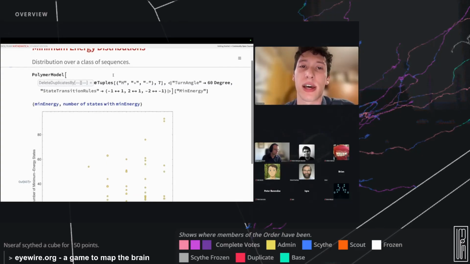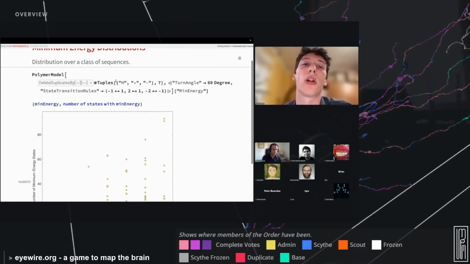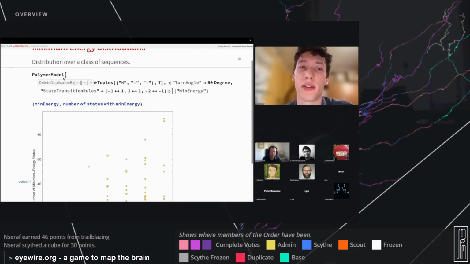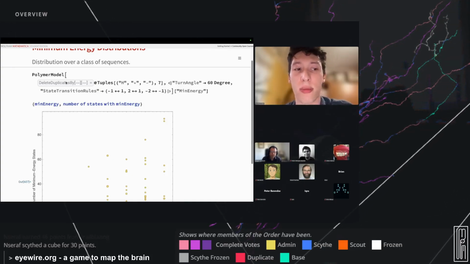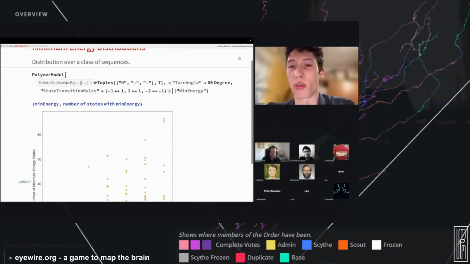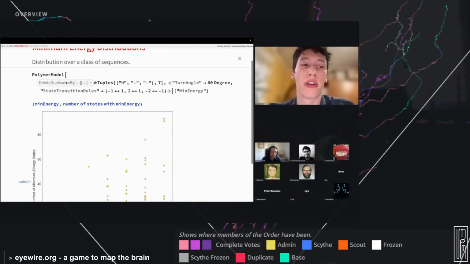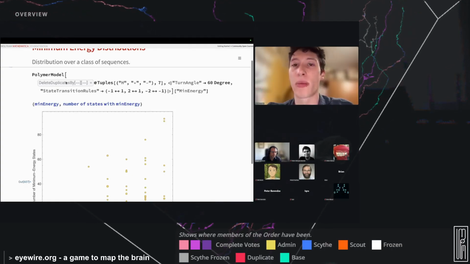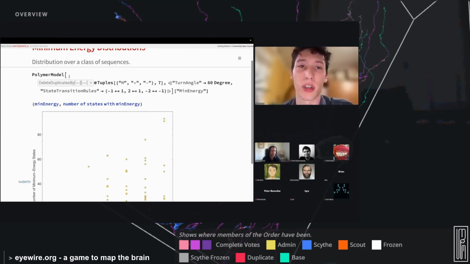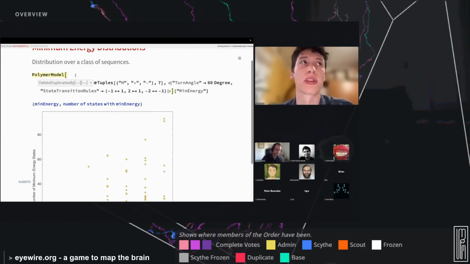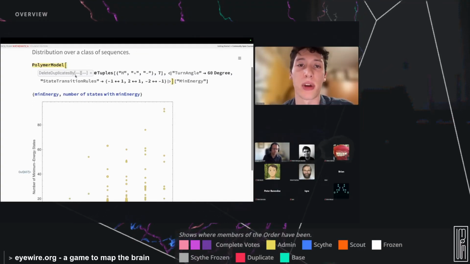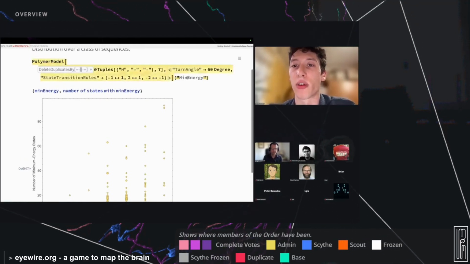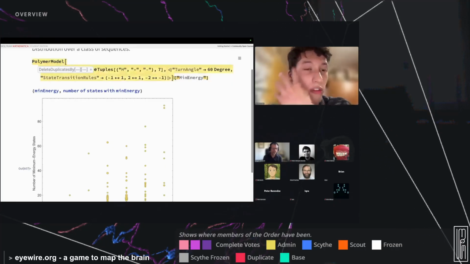So in this case, it would be all three color sequences of length 7, and then we delete duplicates by a forward and reverse symmetry, because in this model right now, where it's just a linear sequence and not a graph, sequences that are the same forwards and backwards, sequences that are mirrored in that way, are exactly the same in the model, right? So in this case, we ask for the minimum energy for all of these.